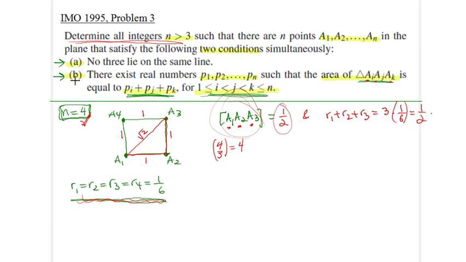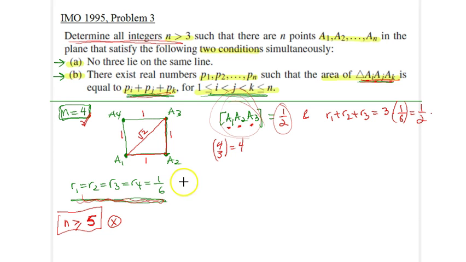Now next we will claim that in the case n is greater than or equal to 5, that's not going to work. So it's impossible to find such real numbers that satisfy this condition B here. In order to do that, obviously when you have 5 or more points, you can take a subset with 5 points only.